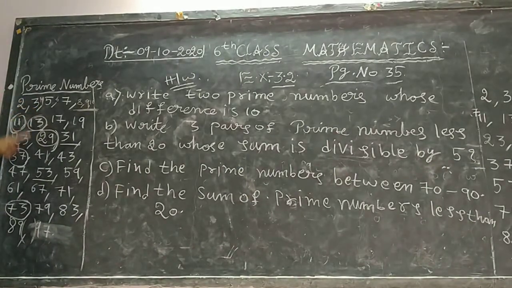Okay, like this there are so many numbers whose difference is equal to 10. So write as many as possible. Okay, how many are there less than 100? So write down all those numbers. Okay, like 41 minus 31, 29 minus 19, like that so many are there. Okay, how many you got, you can write down those things.